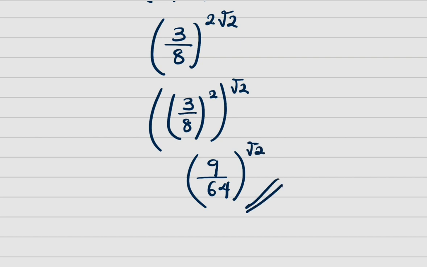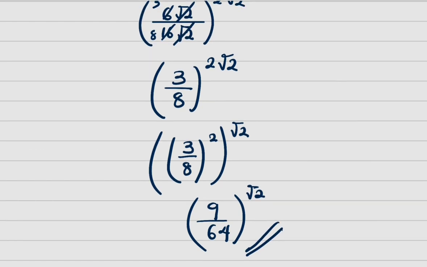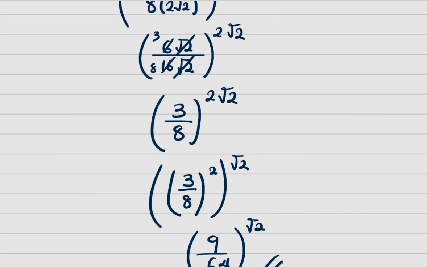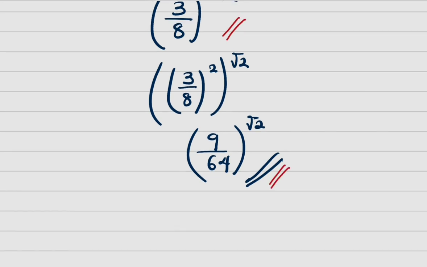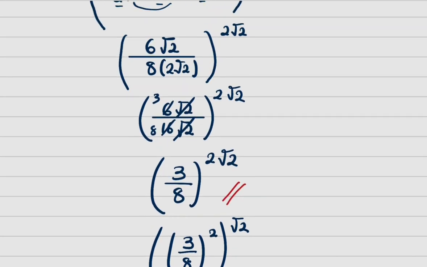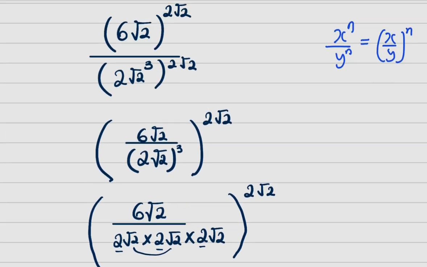Now it depends on the option, and it depends on what your lecturer needs. Some can finalize their answer here, and some can take it to this part, but it is all okay. So I want to believe you understood the trick that I used to simplify this question.